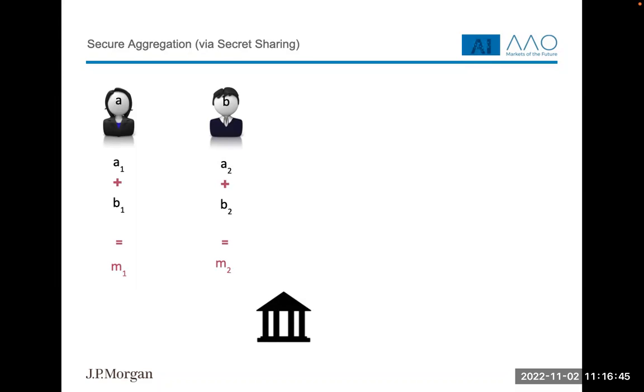Let's say they add the shares and they send these numbers to the bank. And the bank, if you add the shares, will actually get the sum A plus B. The bank will only learn A plus B without learning anything else about A or B. So this is a simple example for adding values.